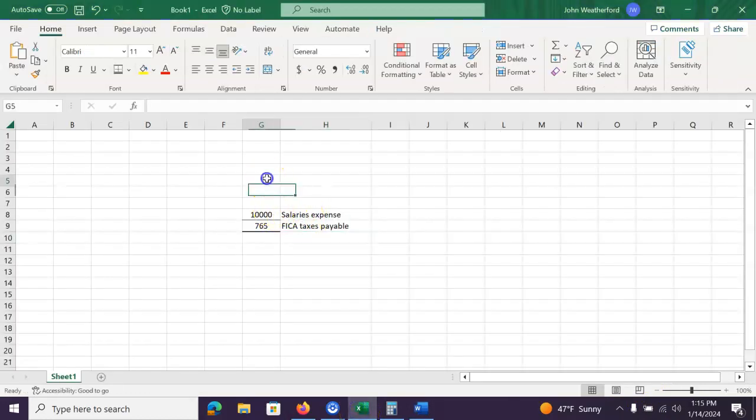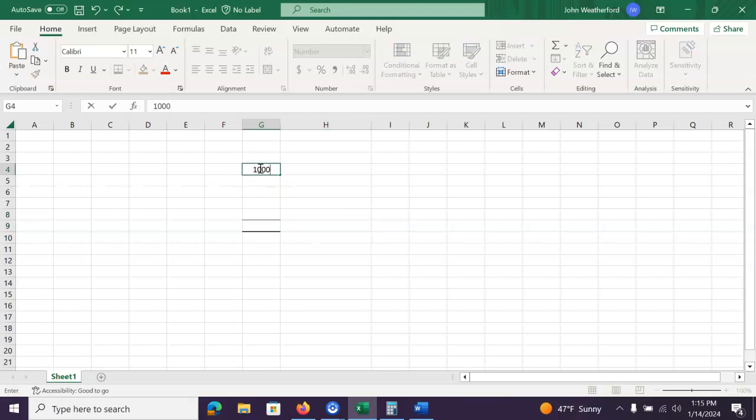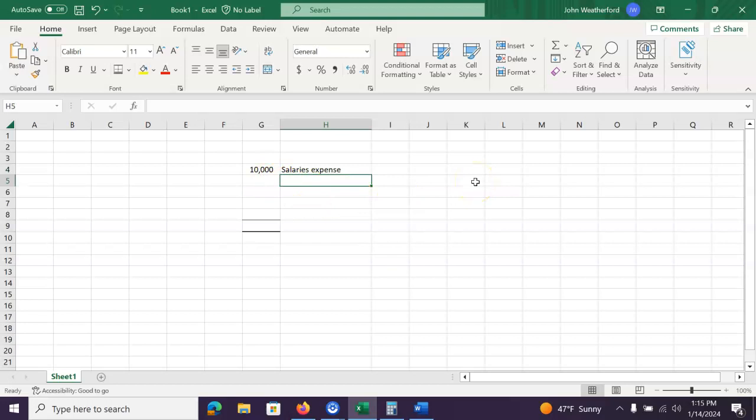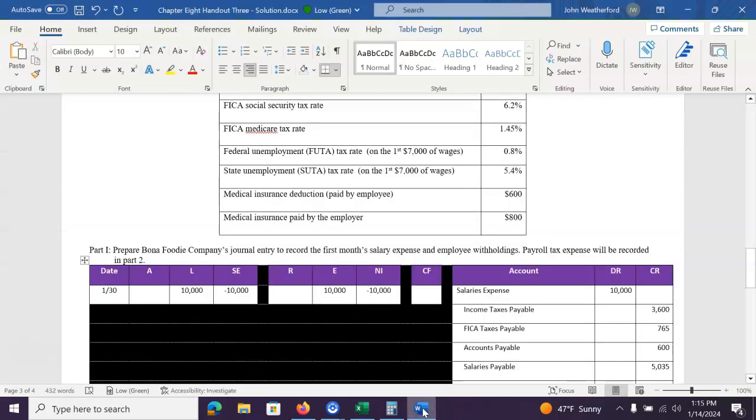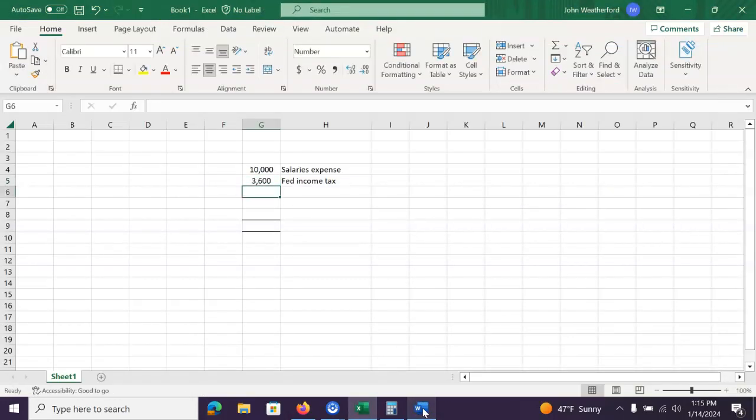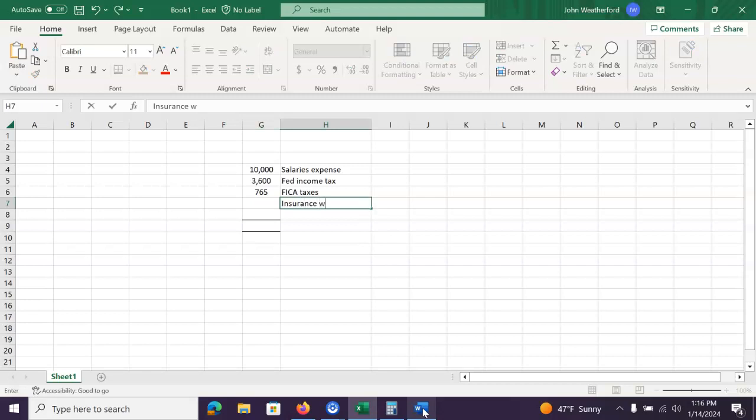We've got salaries expense, $10,000. And then we had federal income tax of $3,600, FICA taxes of $765, and insurance withheld, I believe that one was $600.